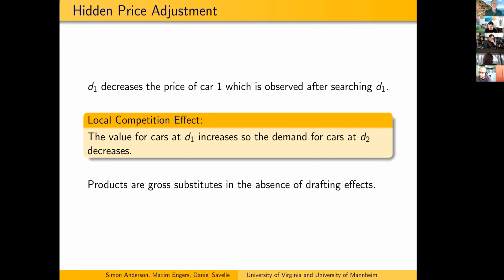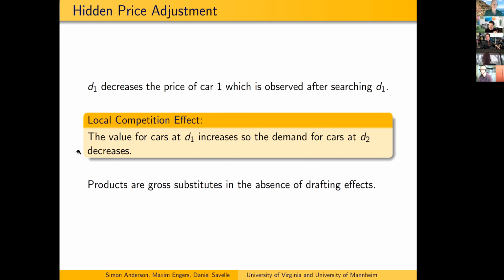So the consumer does not know this when they're deciding whether they want to search north of town. So there is only going to be a local competition effect. This can only harm dealer 2. And that is because there's no adjustment in the anticipation of the consumer until after paying the shared search costs at north of town associated to these 2 dealers.